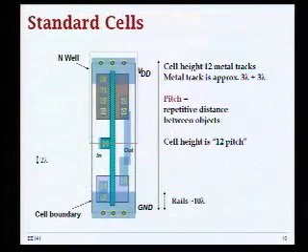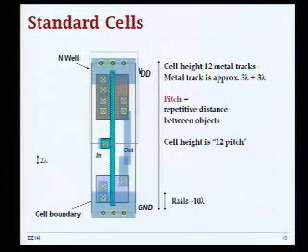Okay, so this is the way the standard cells are made. And this is an inverter, right? So this is what you're familiar with, a simple PMOS and NMOS. The way this works is you have a fixed height for the standard cell. And typically, cell height is 12 metal tracks. The metal track is the width of the metal, which is also called the pitch, which is the repetitive distance between two objects.